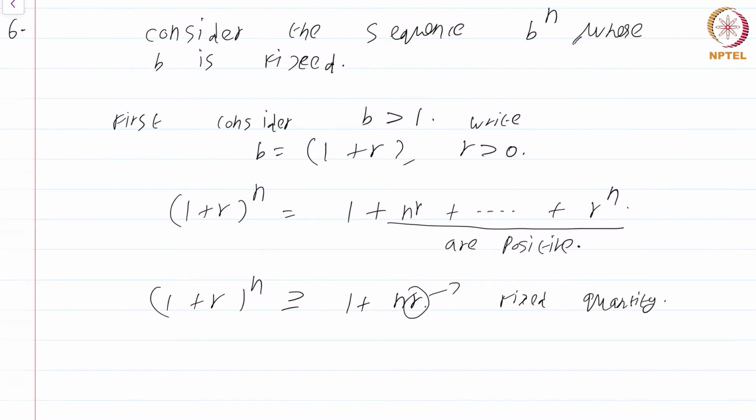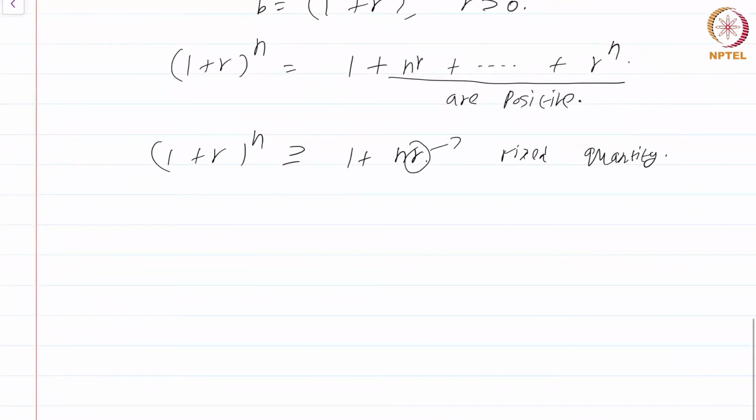That means when I multiply n with r, we see that nr diverges to infinity. Please recall the definition of what diverges to infinity means. Diverges to plus infinity, to be ultra precise. This just means that nr can be made larger than any pre-specified number if n is large enough.